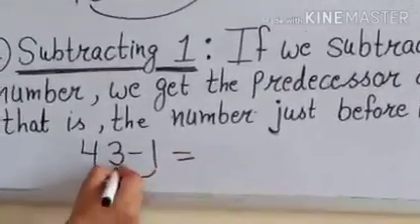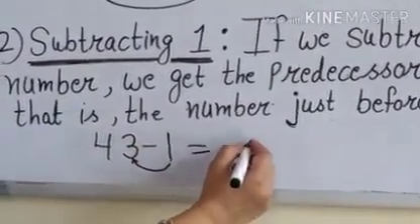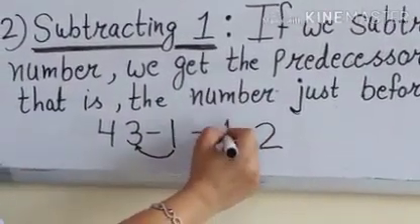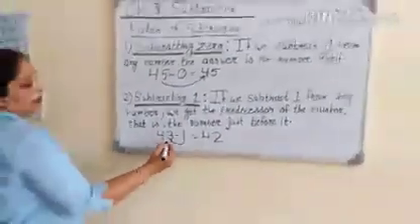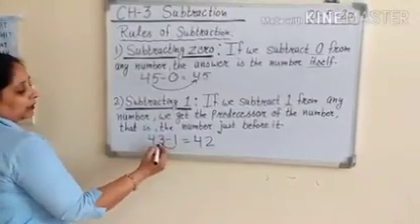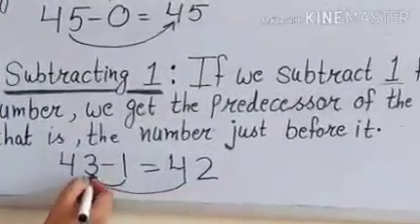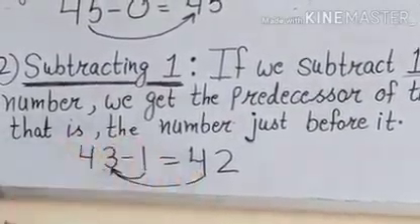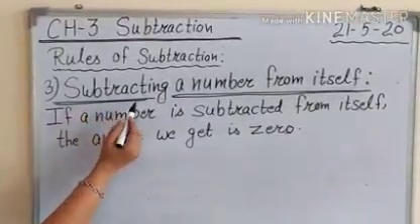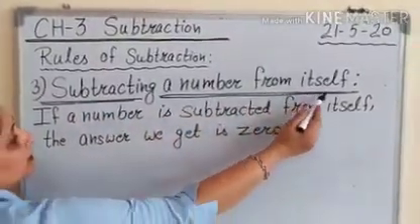We subtract this 1 from the 1's place, 3, and we get 2, and here the same 4. So what we see here is, whenever we subtract 1, we get the number just before that number, that means its predecessor.